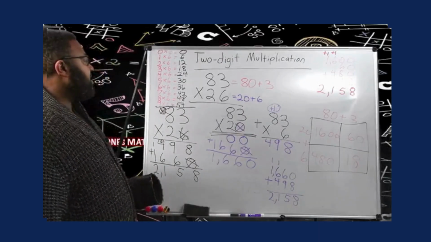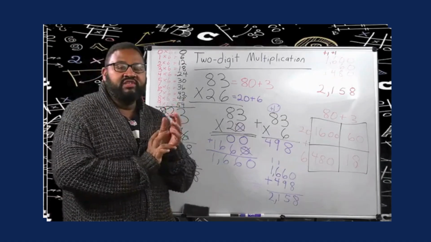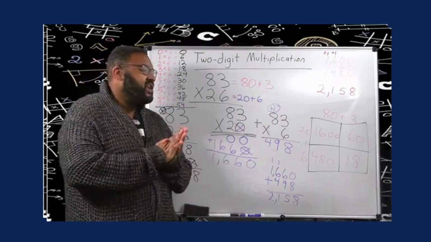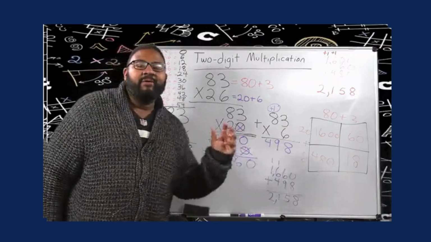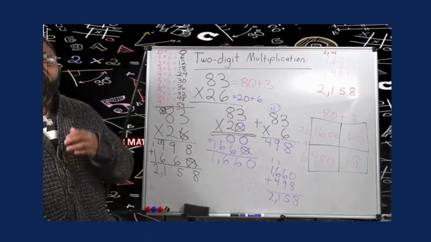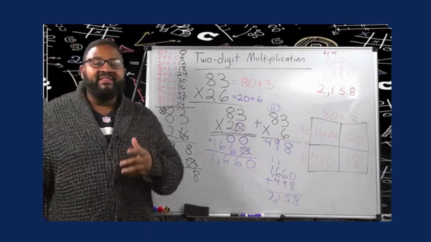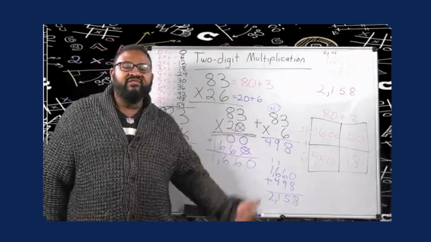What are we talking about? We're talking about two-digit multiplication. I've done it 3 ways for us tonight, right in a row so you can see and compare. Once again, it's going to be your decision to figure out which way is best for you. Now, you may have another way that your teacher is showing you.